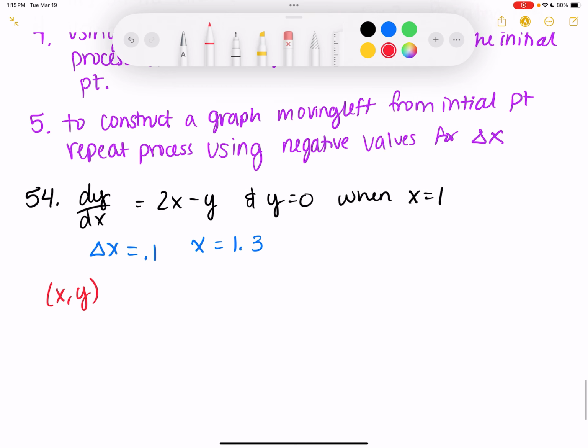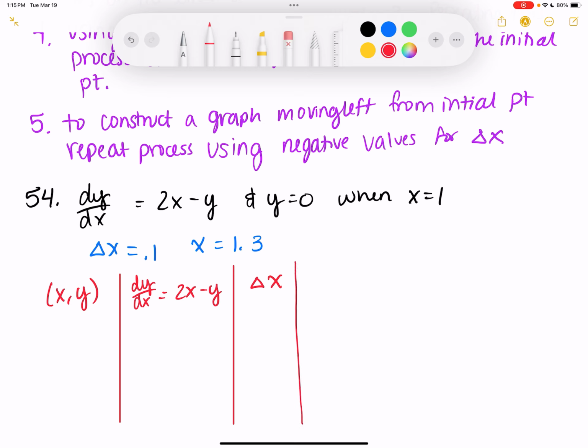Right there. We're going to have dy/dx equal to 2x minus y. So that's where we're going to be plugging the numbers in. Then delta x, which is going to be the same thing all the way down. Delta y is dy/dx times delta x.